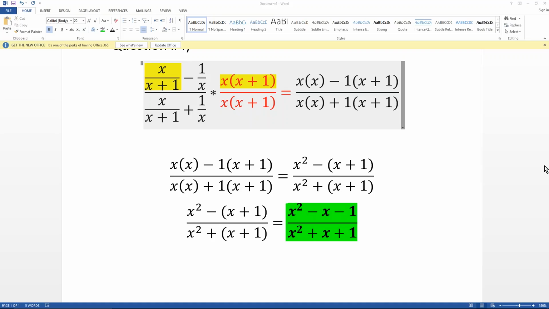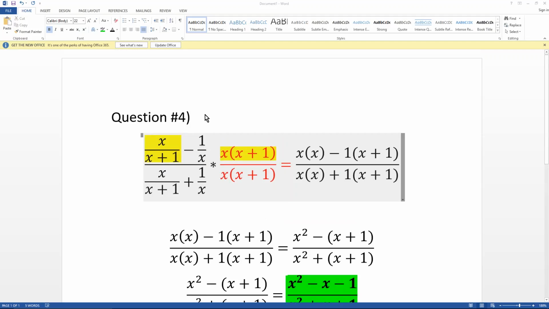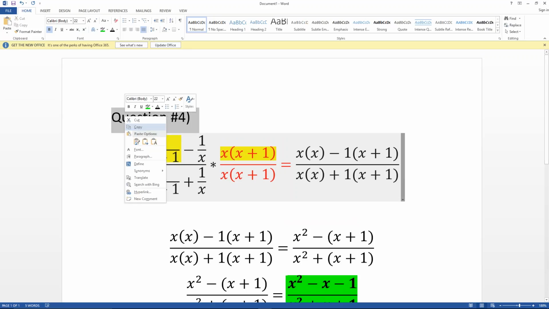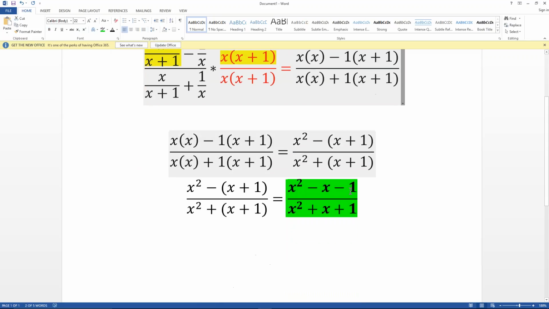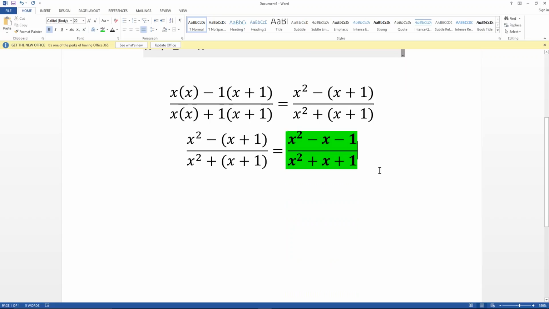Hello, Devonette. This was question 4 on the 6 p.m. packet.